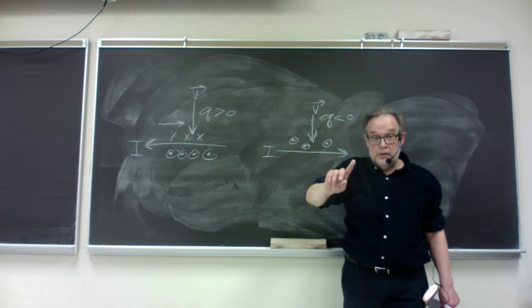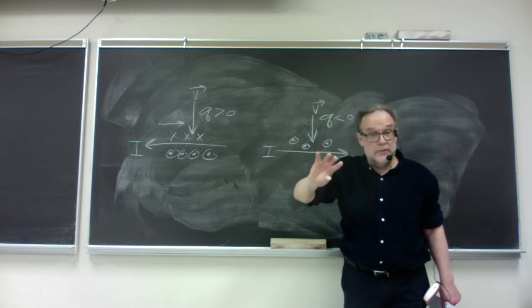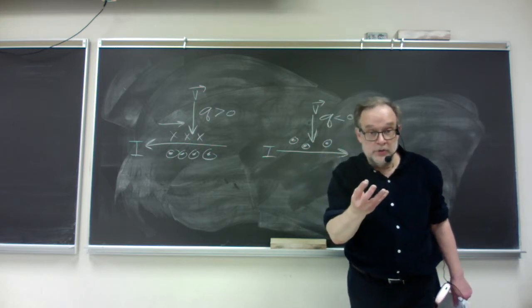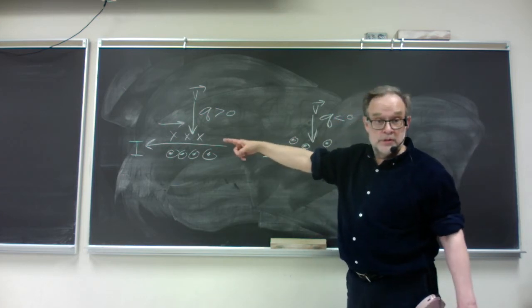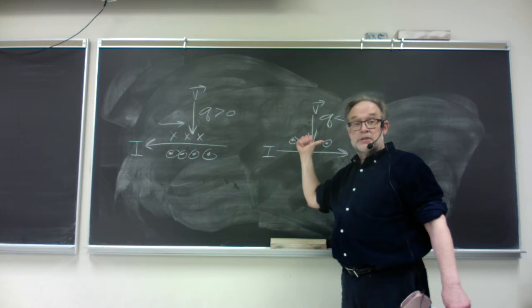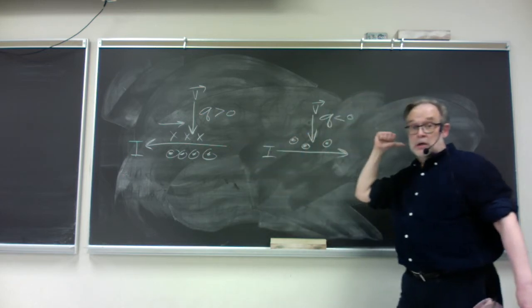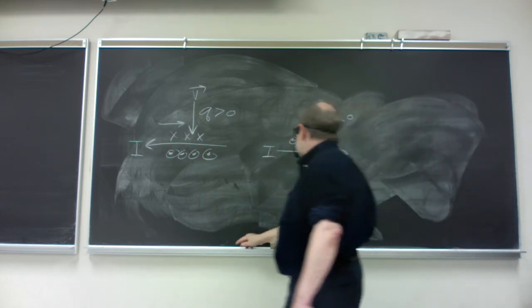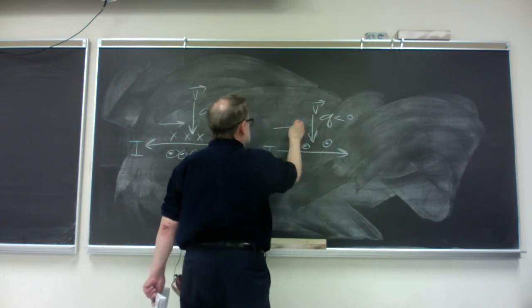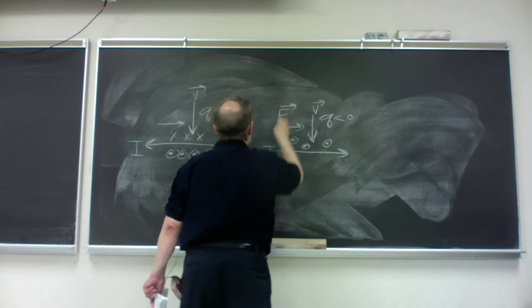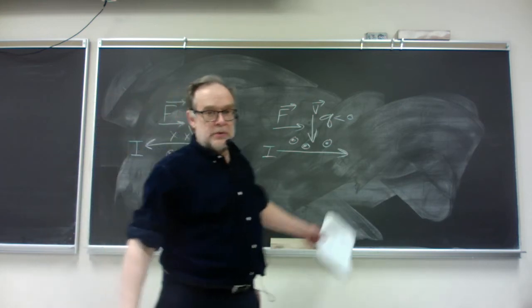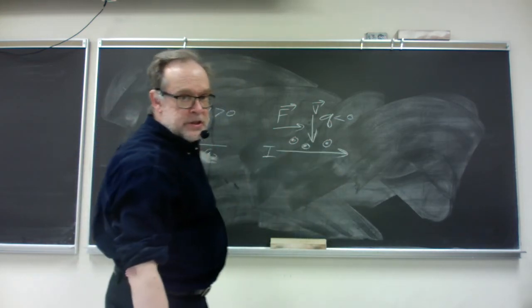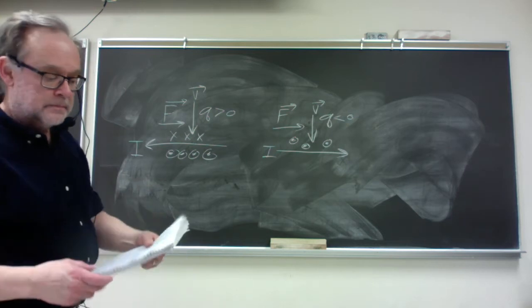You have to remember that if it's negative, you have to flip the direction of the force. So this would have been the direction of the force if this were a positive charge, but it's a negative charge, so it goes the other way. Turns out, in this particular case, the force points the same way as this force.